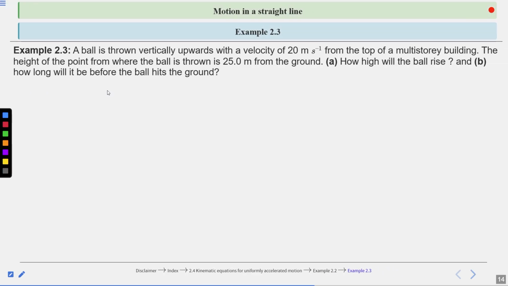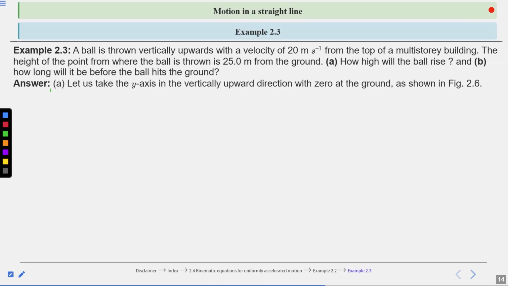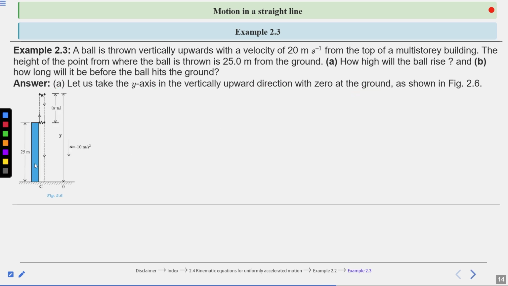So, first case, how high will the ball rise? Let us take the y-axis in the vertically upward direction with 0 at the ground, as shown in figure 2.6. Look here. This is the ground, and the height of the multi-story building is 25 meter.